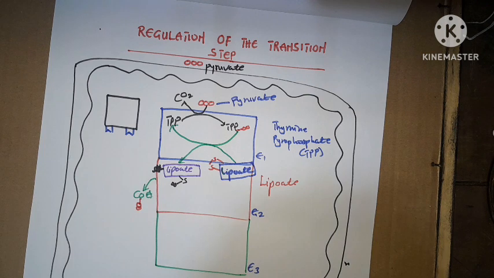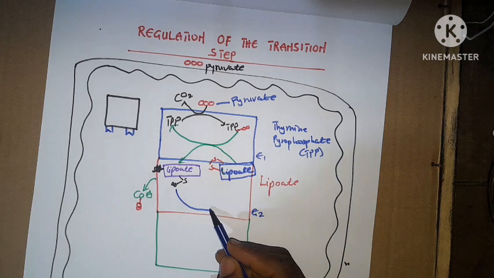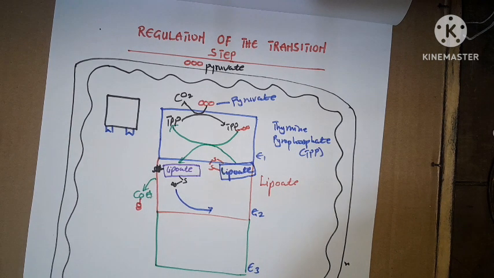When it does that, this lipoamide will transfer the 2 carbons onto CoA, and it will form a thiol group. Let me do that one too here. This is what is going to happen after it has given off the acetyl group to the CoA.